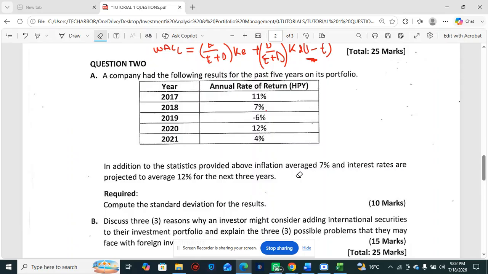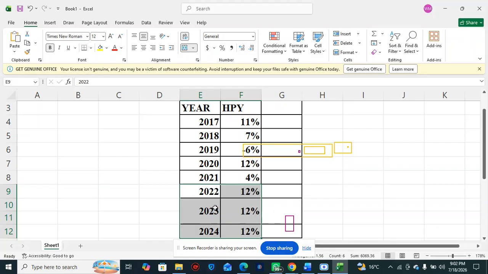So these projected returns for the next 3 years, 2022, 2023, 2024, we need to adjust them for inflation.